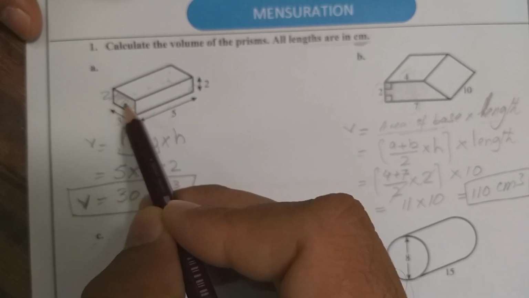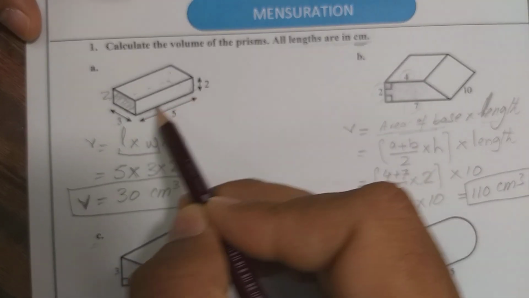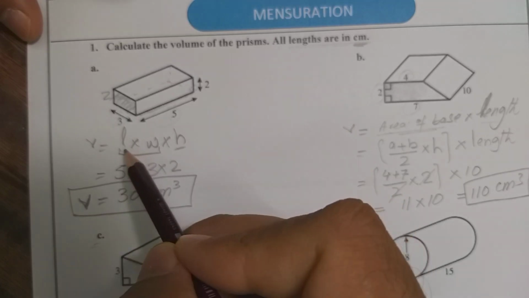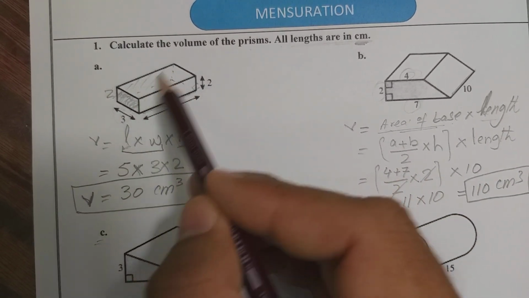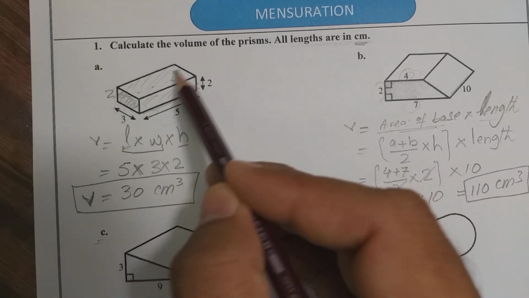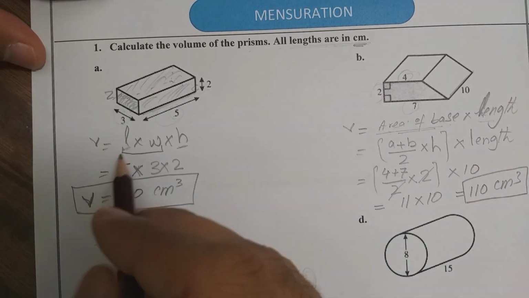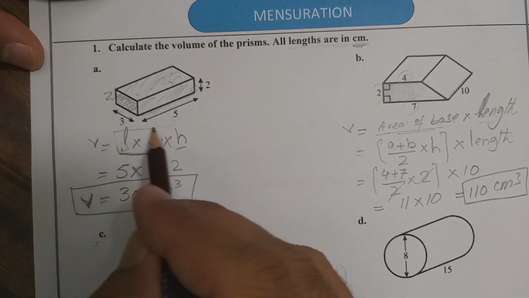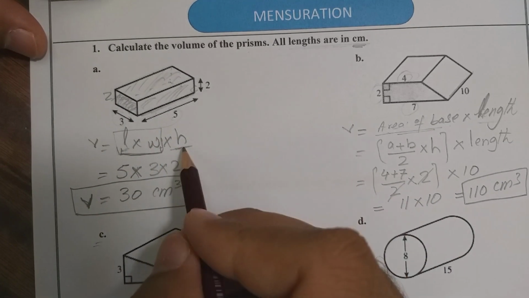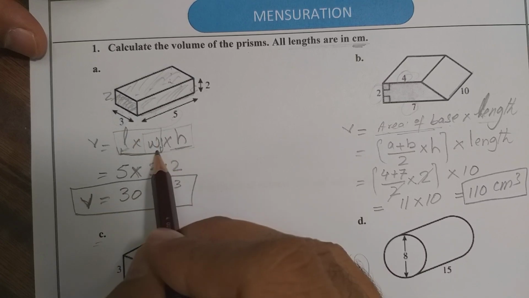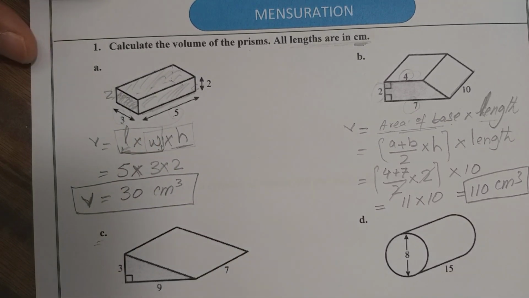When you multiply this area by this length, which we normally call the height, or you can say the length, it becomes the whole volume of this cuboid. So this is the area of the given rectangular object, and then multiply by the length.